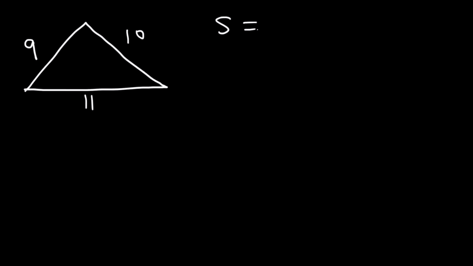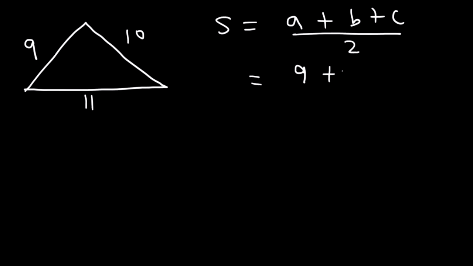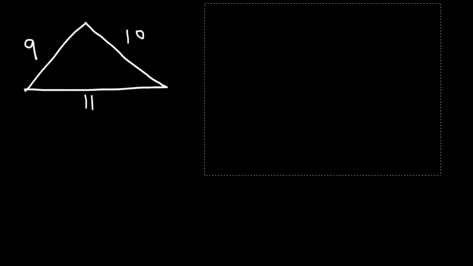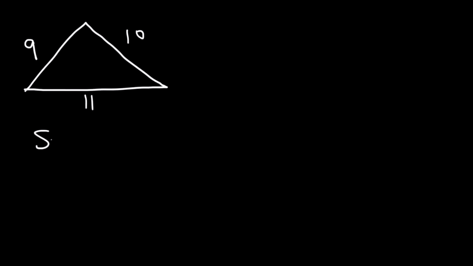The first thing we need to do is find s, which is 1/2 of the perimeter of the triangle. So it's going to be 9 plus 10 plus 11 divided by 2. 9 plus 10 is 19, 19 plus 11 is 30, and 30 divided by 2 is 15. So that's the value of s. Now that we have the value of s, we can use Heron's formula to find the area.